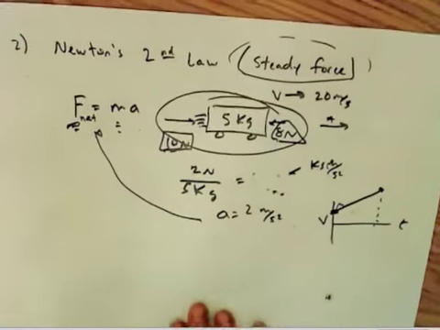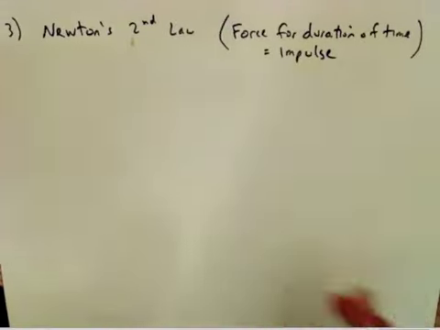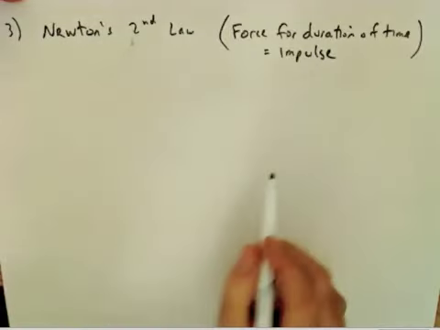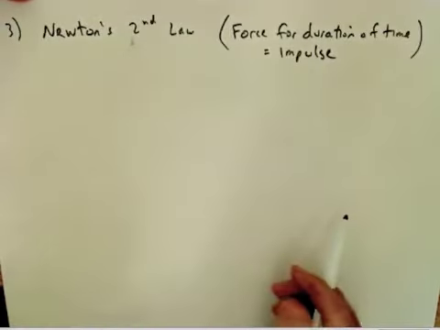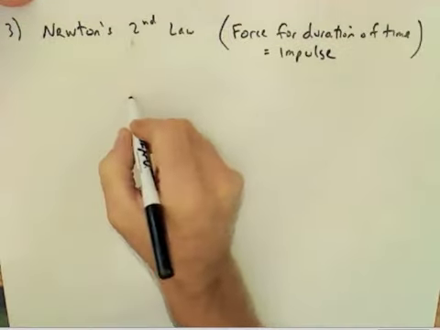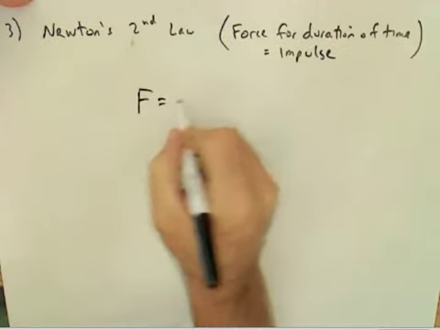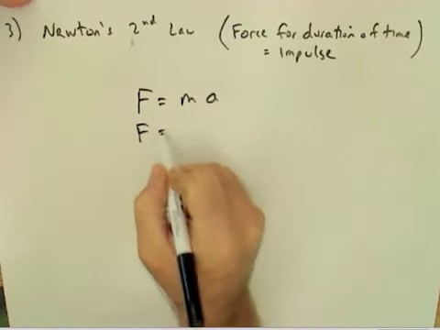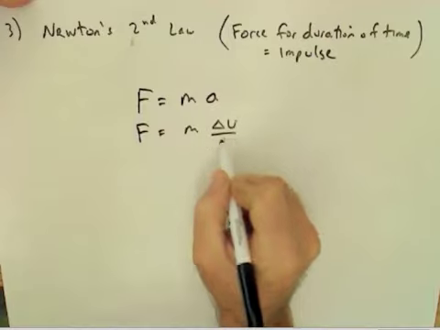The third sort of thing that we did in this quick review is Newton's second law when the force is on just for a length of time. When the force is on for a length of time, it's called an impulse. In fact, this is how Newton really did his rule. He said, I'll do it backwards, F equals ma, but a is the change in velocity over change in time.